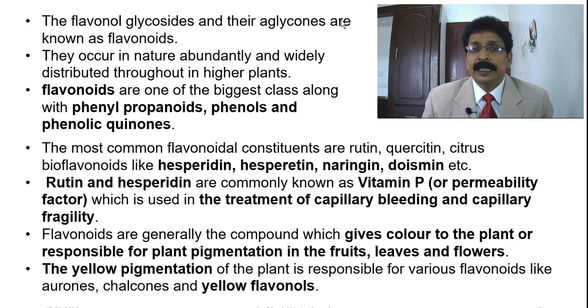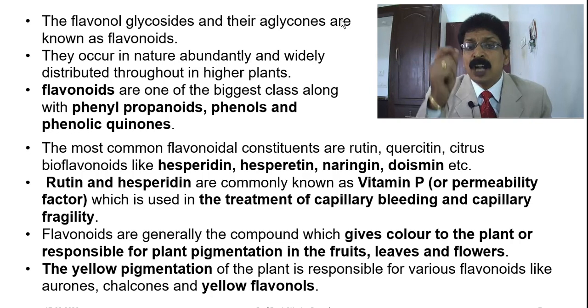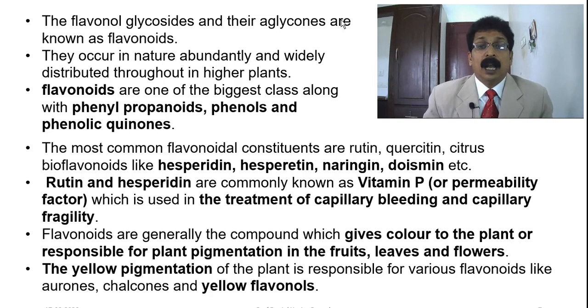Flavonoids are generally the compounds which give color to the plant and are responsible for plant pigmentation in the fruits, leaves and flowers. The yellow pigmentation of the plant is due to various flavonoids like aurones, chalcones and yellow flavonols.